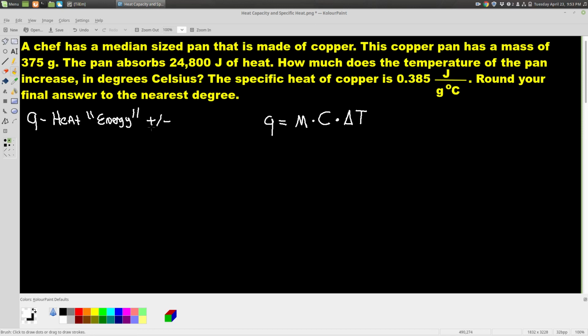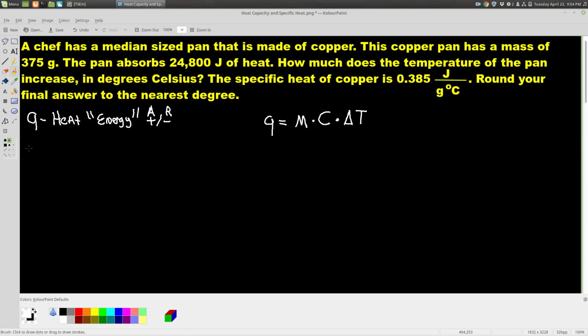One way that you know it's positive is if they tell you that it's absorbed. If the energy is being absorbed, then the object is being heated up. If the energy is being released, then we know that the object is cooling down, because it's releasing its heat into the system or to the outside environment. So that's Q, and that's what the A and the R stand for, absorbed and released.